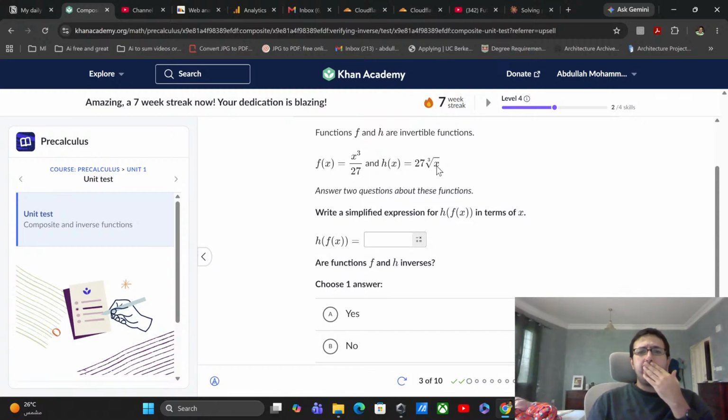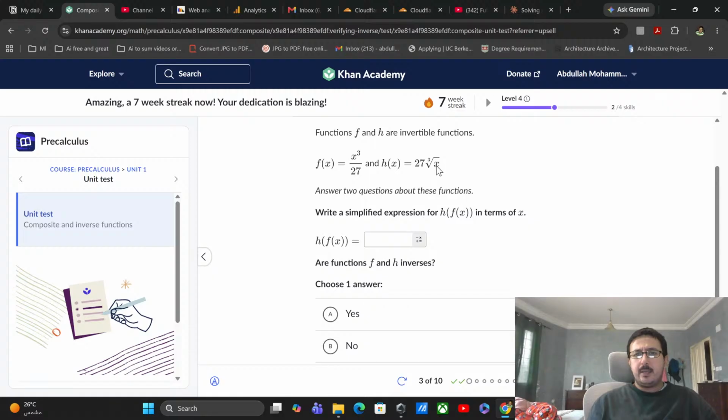The square root of 27. What is the square root of 27? No. Square root of 27. 3. That's 3.